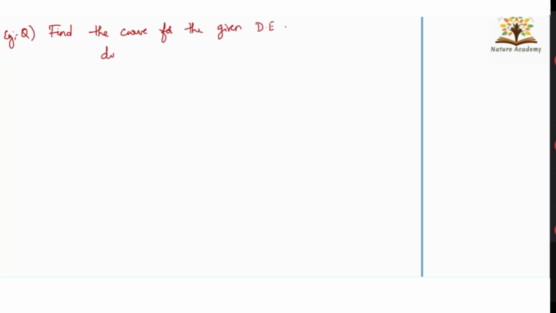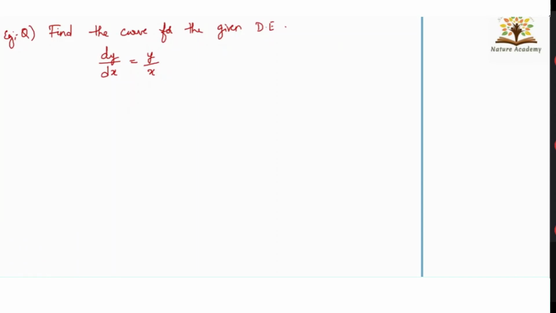What is the differential equation they have given? It is dy/dx = y/x. So this is a simple equation for variable separable. I'm sure you all will agree with me. This is a very simple equation.